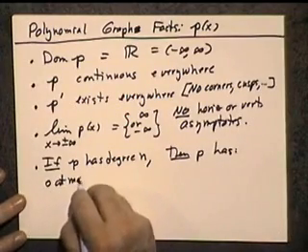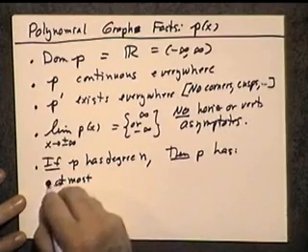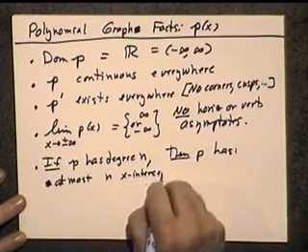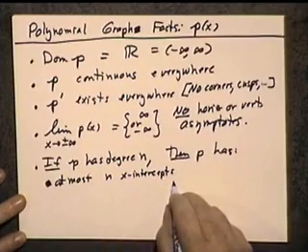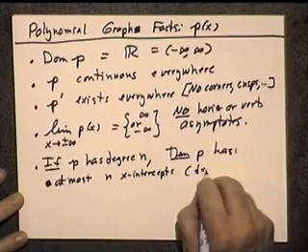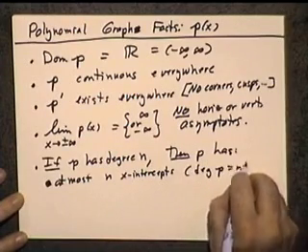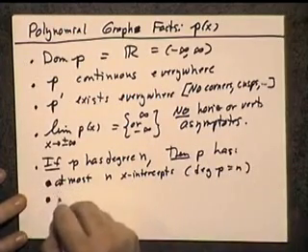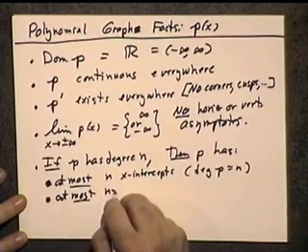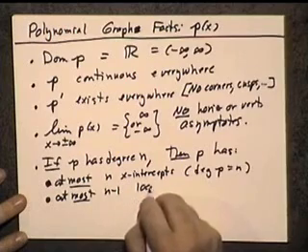At most n x-intercepts. So if it has degree n, it has at most n intercepts, n x-intercepts. And that's because the degree of p is equal to n. It will have at most n minus 1 local maxes or mins.